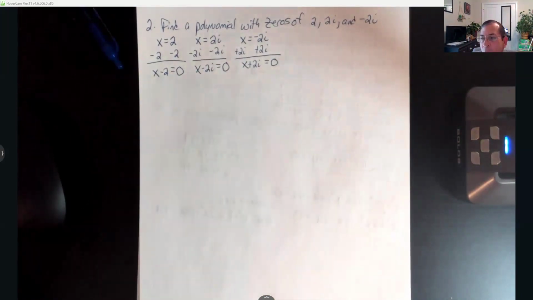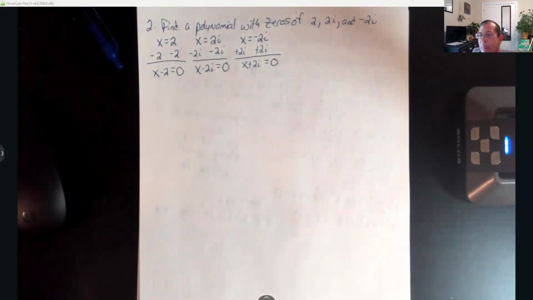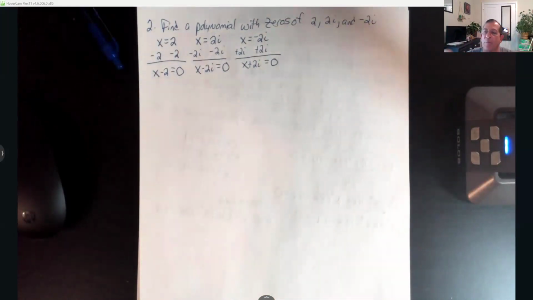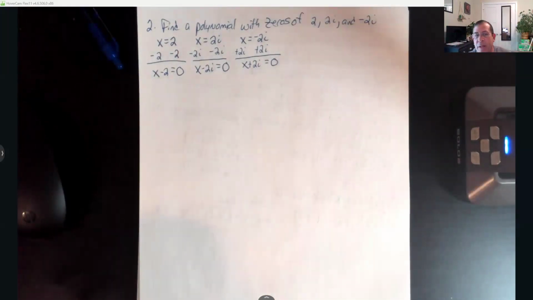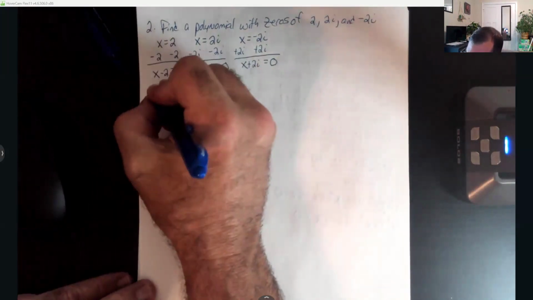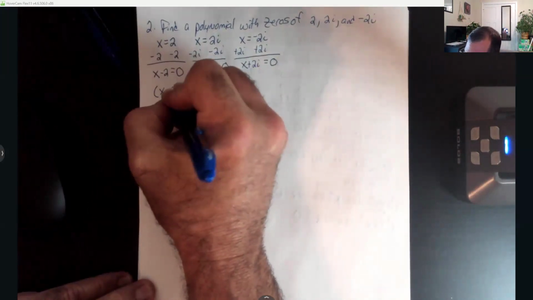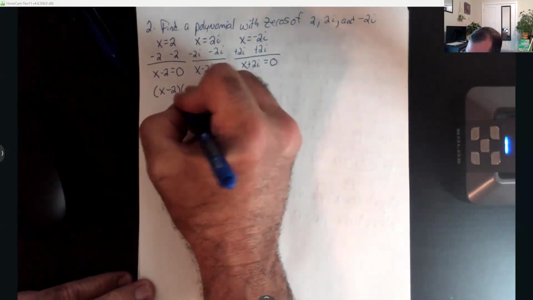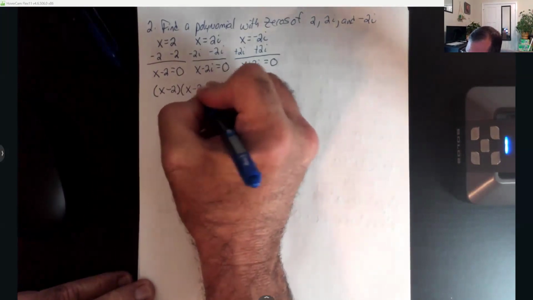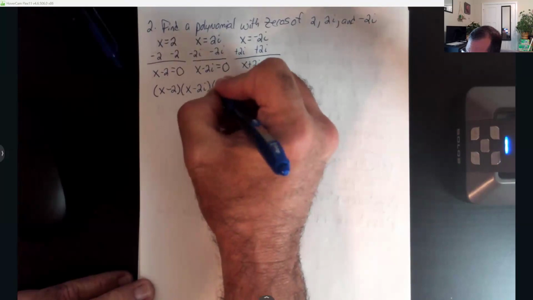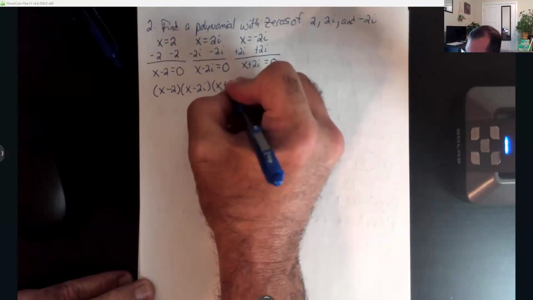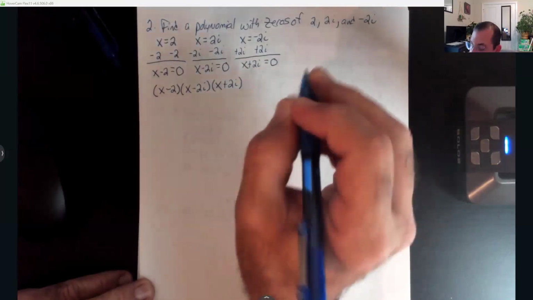All right, so I got my three equations all equal to 0 now. So now I'm going to make a big product and put everybody in parentheses. So I got my x minus 2, x minus 2i, and then an x plus 2i.